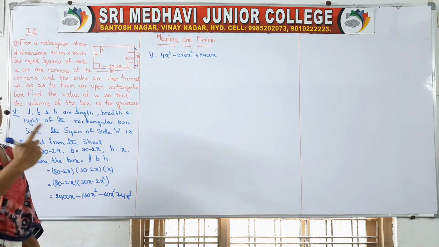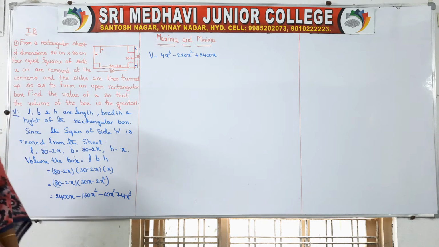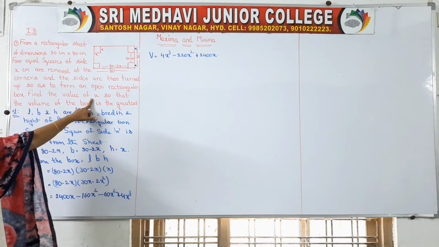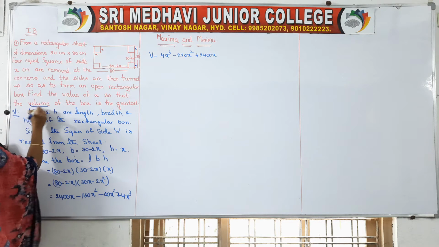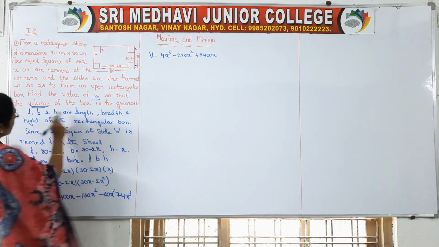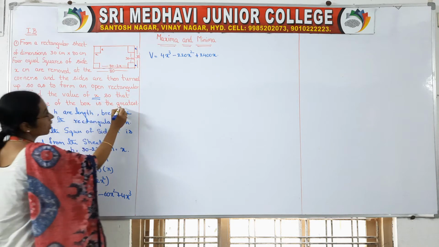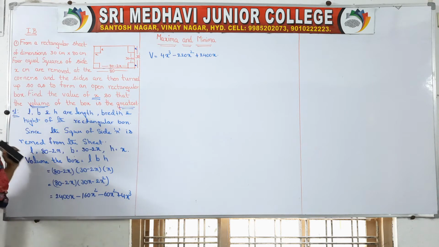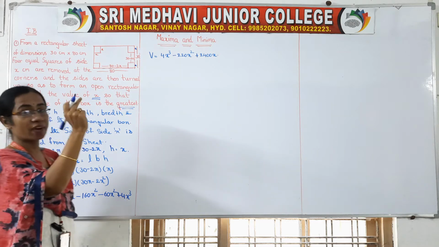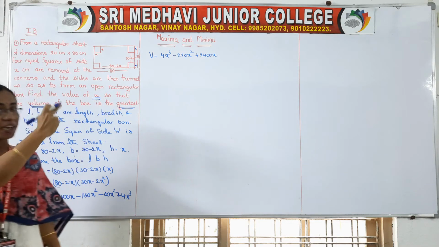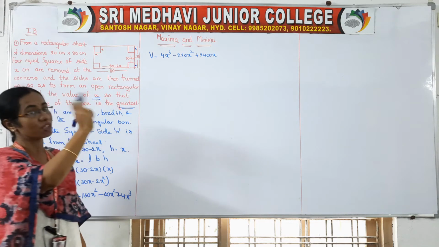Okay, so this is your volume function. Here it is given: at what value of x is the volume of the box greatest? So we have to find at what value of x this volume is greatest. Now you got your function in terms of x.